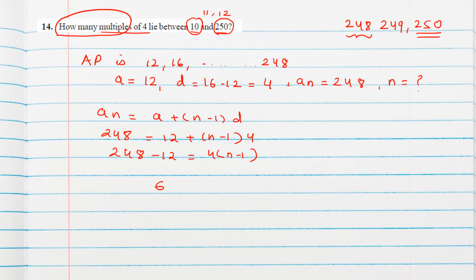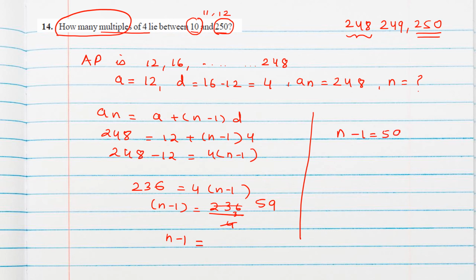This will give 236. So n minus 1 will be 236 by 4. 4 fives are 20, and 4 nines are 36. So we get n minus 1 equal to 59. n will be 59 plus 1, that is 60.